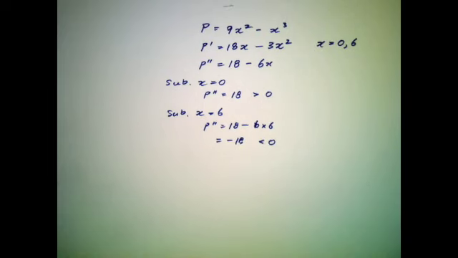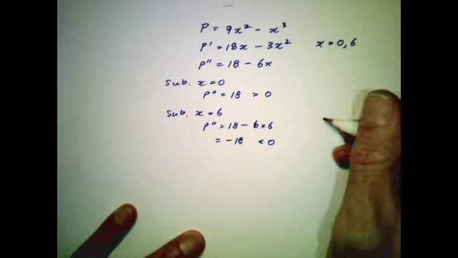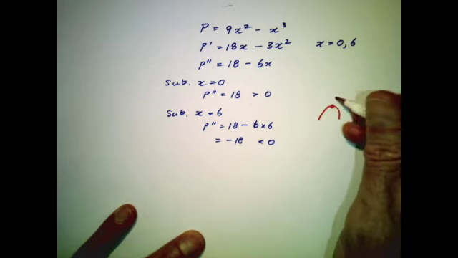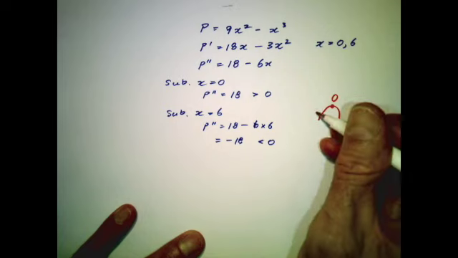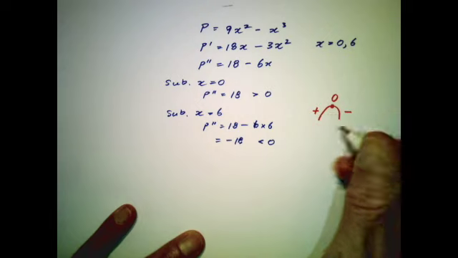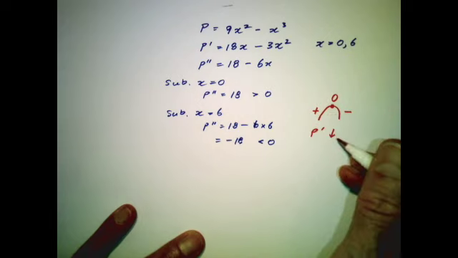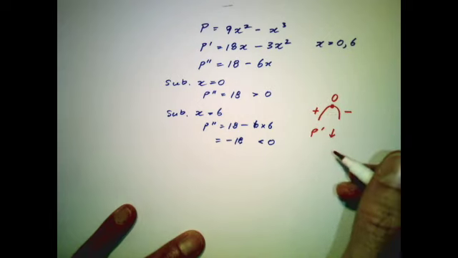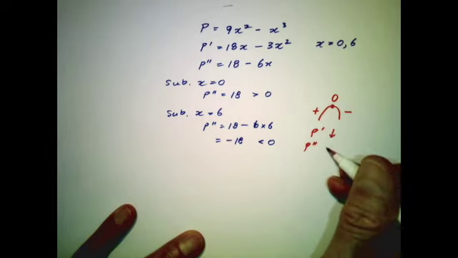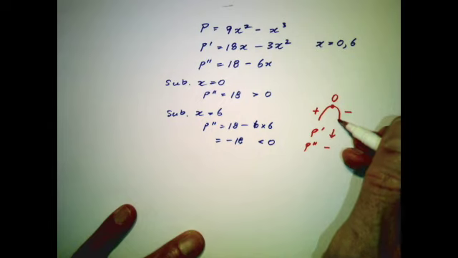Now, if we go back to our graphs, which show us the extreme values, here is a maximum turning point where the gradient is 0. The gradient is positive, 0, then negative. We can see that the gradient is decreasing. Now the second derivative measures the change in the first derivative. So that means the second derivative will be negative because it's seeing a decrease in the gradients.